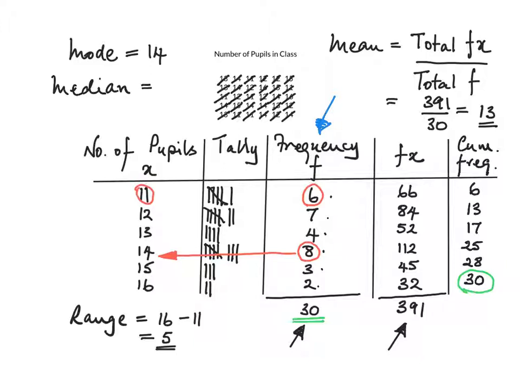Now, I hope you can see the 15th and the 16th pieces of data lie here, which means that the median value is 13. That's the trickiest thing to do, so make sure you understand that.